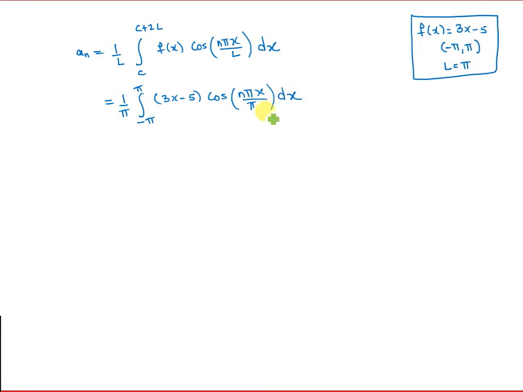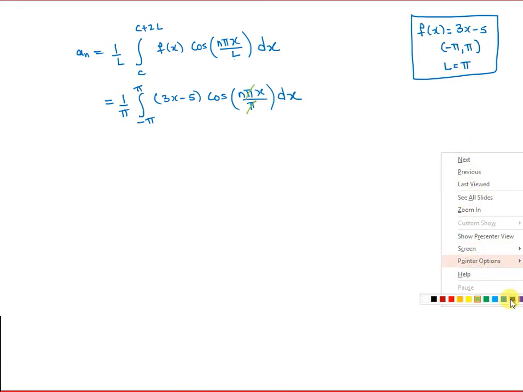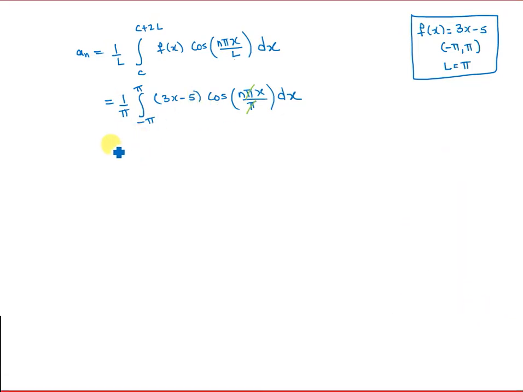So here again we have pi with pi, we can cancel it. So we are left with the integral as 1 over pi integration minus pi to pi, 3x minus 5 cosine of nx dx. This is the value of an and you need to integrate it.